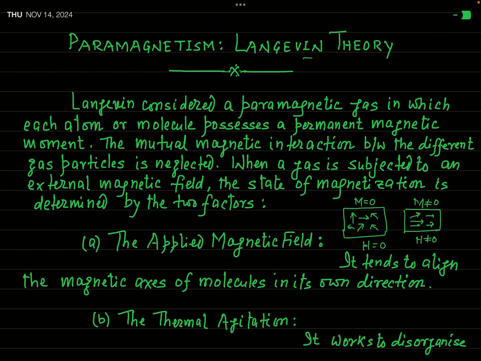In fact, when you place the specimen of a paramagnet in an external magnetic field to magnetize it, the magnetization is determined not only by the applied magnetic field, but there are two factors affecting this magnetization.